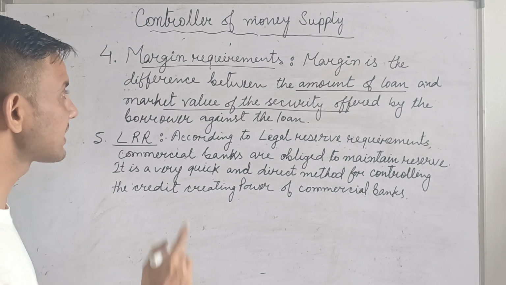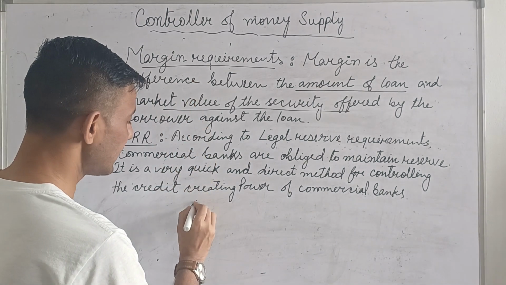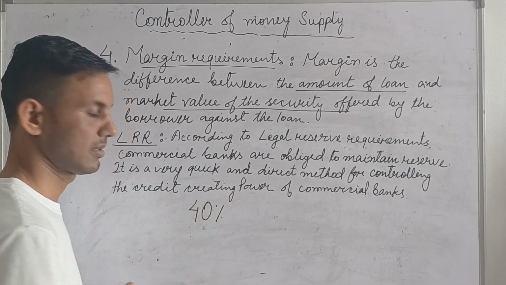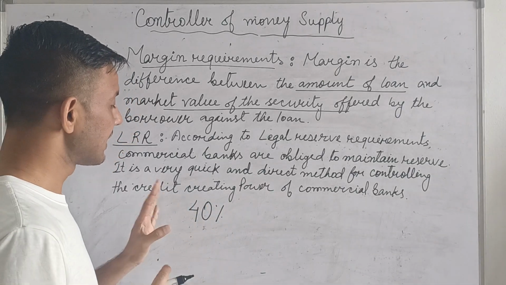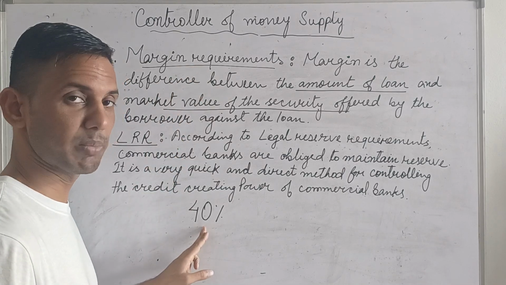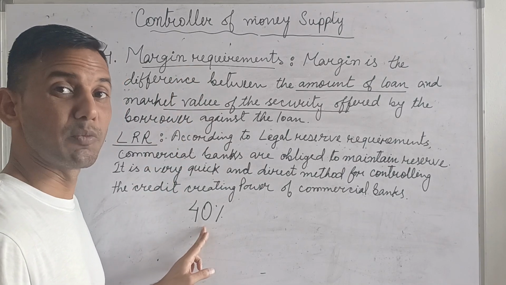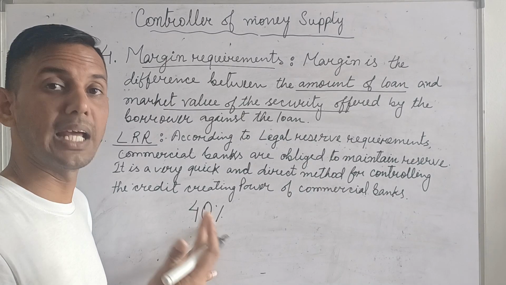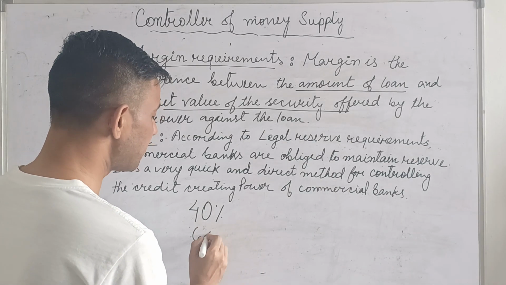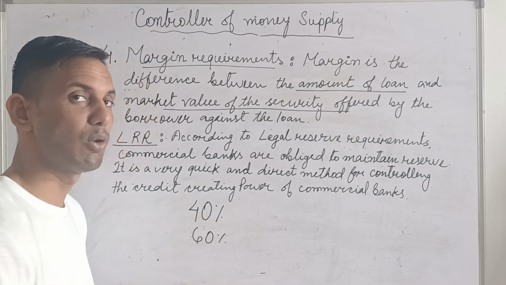Suppose the central bank says that the margin requirement is 40%. It means commercial banks are allowed to give only 60% as a loan.